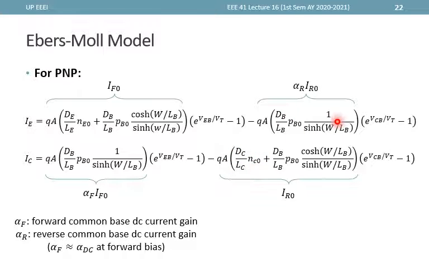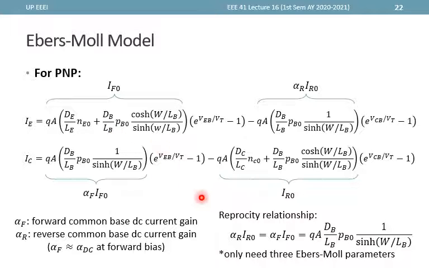So this whole term looks like this one, but with this additional term, and also this cosh at the numerator is something always greater than, or at least equal to, 1. So this whole term is always greater than this one. And the same can be said with these two terms.